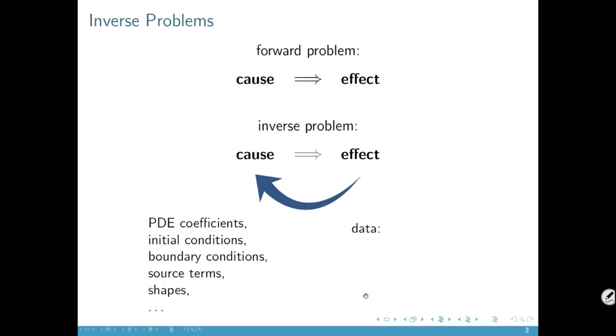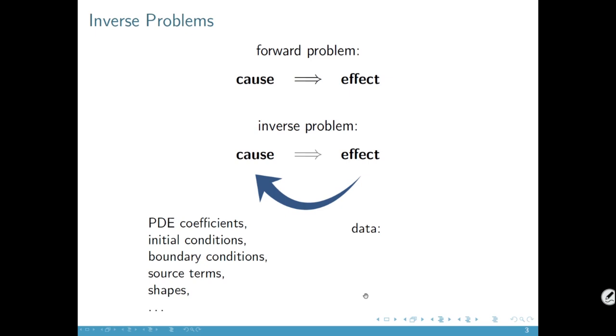Also the boundary of the domain where the PDE holds might contain some unknowns, or might actually even itself be unknown, so then it's about the shape, a geometry that needs to be recovered, or also in the context of PDE, source terms are quite often of interest.